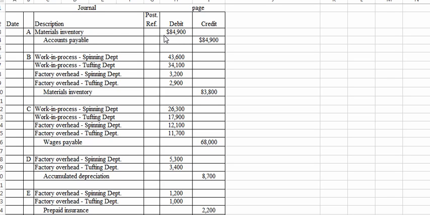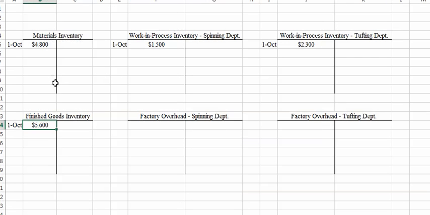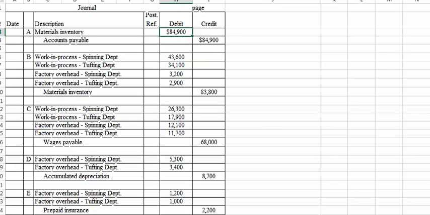Okay, so we'll start with a debit to the materials inventory account, $84,900. And that's from A. Okay, we're not working with accounts payable in this particular problem.